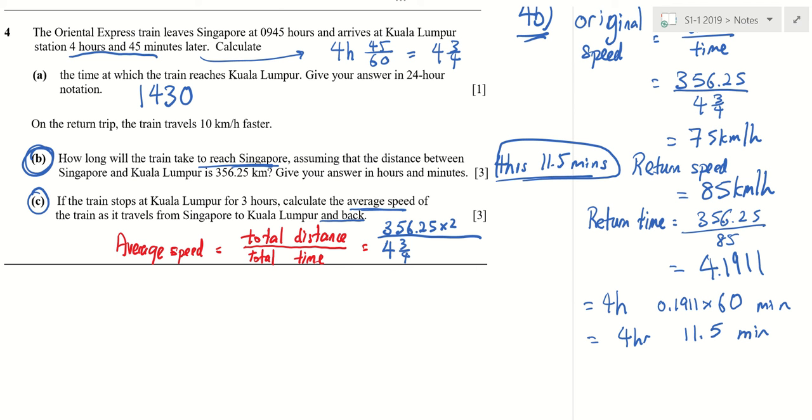Question. How do I calculate the average speed as you travel from Singapore to KL and back? My question is, do you add the 3 hours in between that you stop?